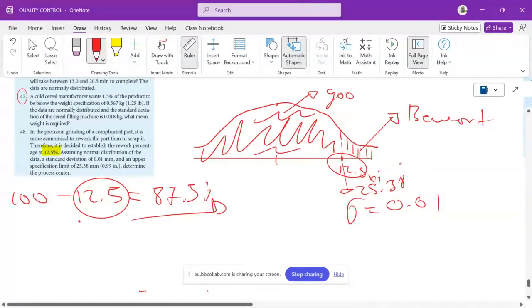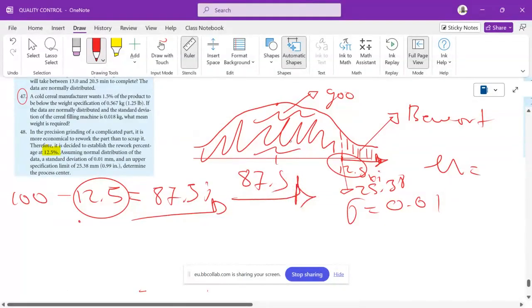What are we looking for? We need to determine the process center, meaning that we do not have the mean. You cannot find the mean with this side. You must find the mean with the overall percentage of 87.5.